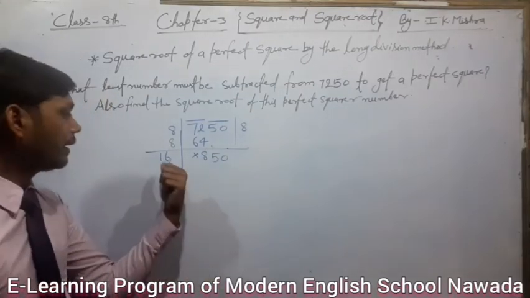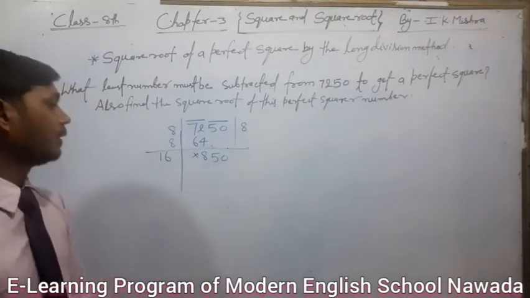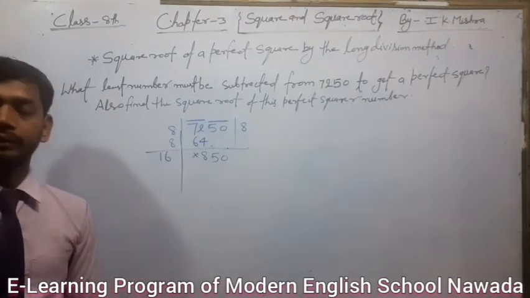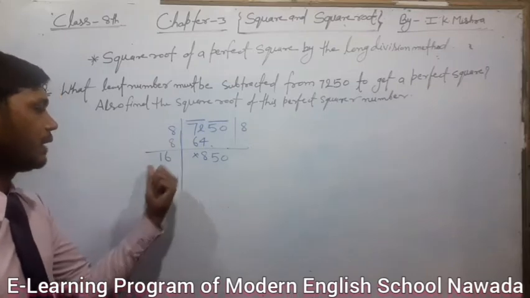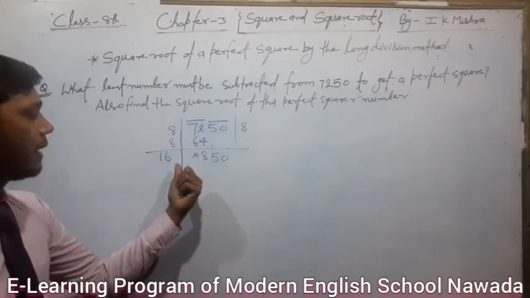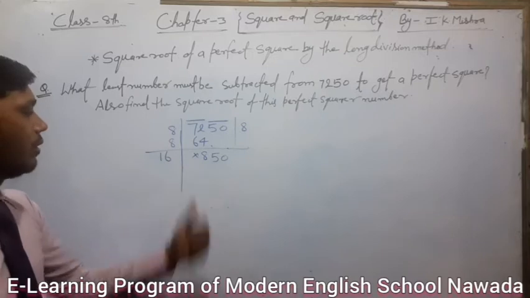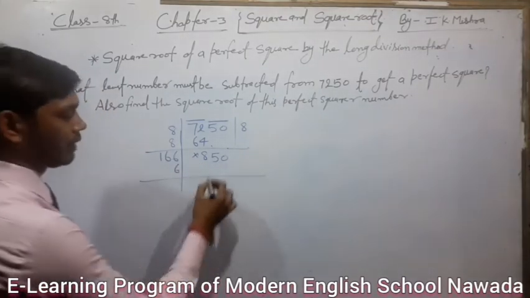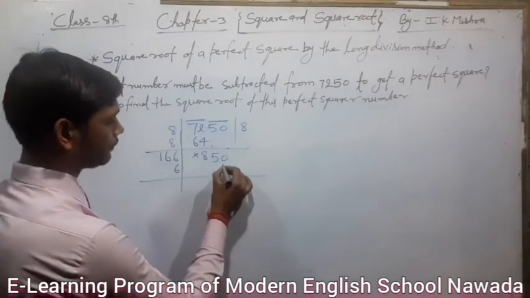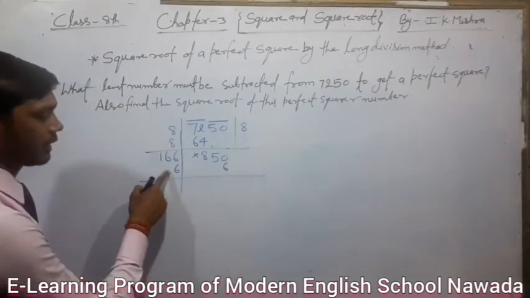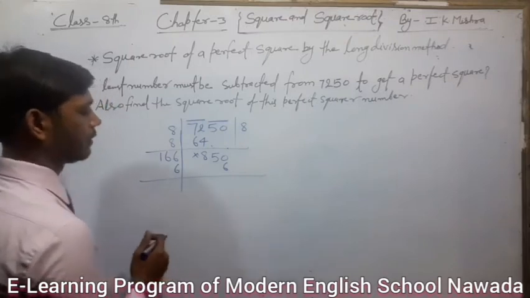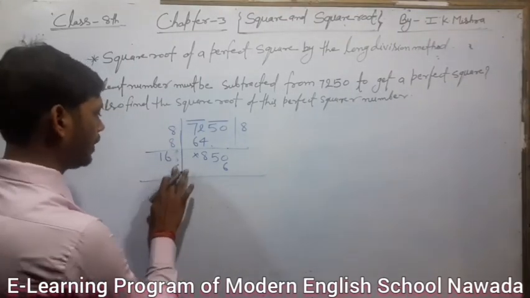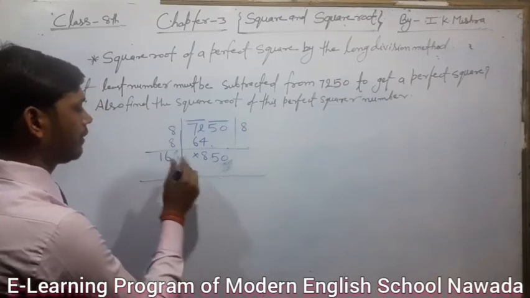If you divide it by 6 times, then 6 times is also greater than it. Here 6 times 6 is 36, and it will be greater. So you have to divide it by 5 times.